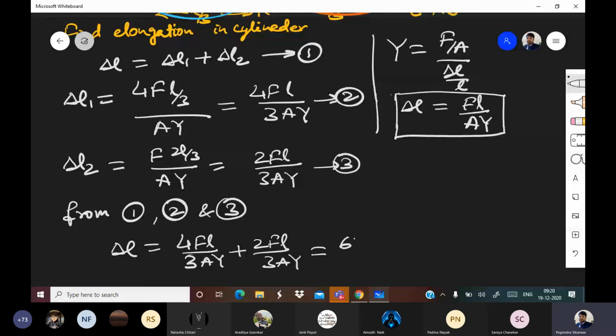This becomes 6FL upon 3AY, which is equal to 2FL upon AY. Answer. So the answer comes out to be 2FL upon AY.